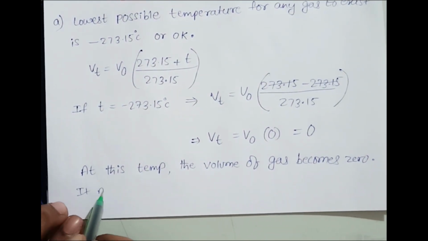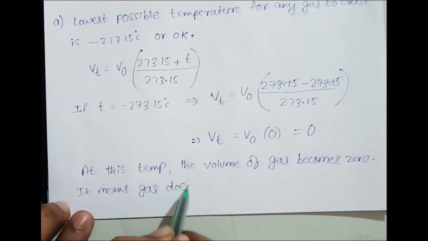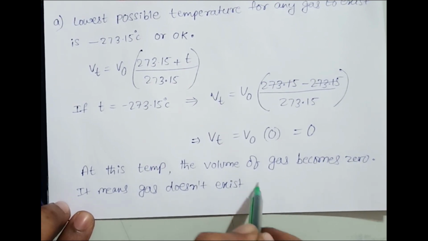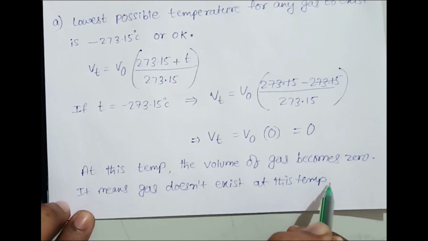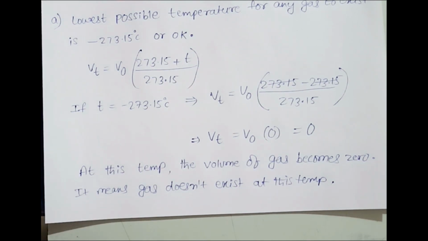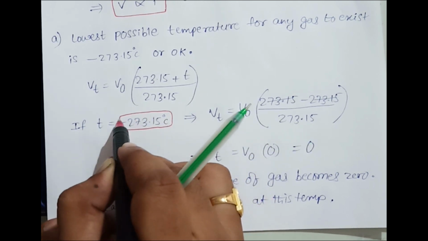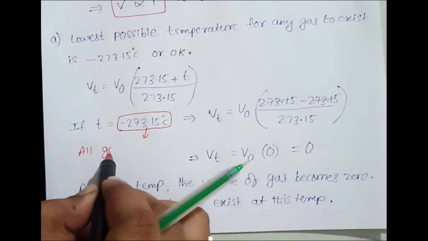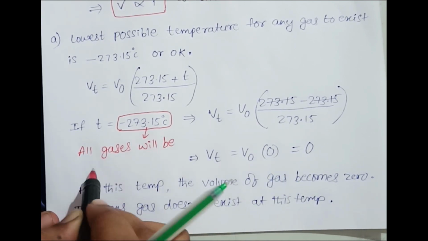It means gas does not exist at this temperature. So in fact, the gas must have been liquefied before this temperature. Before this temperature, which is a very very low temperature, all gases will be liquefied.